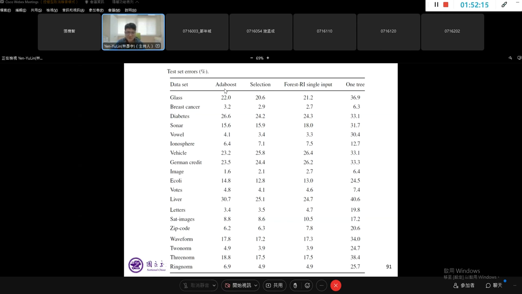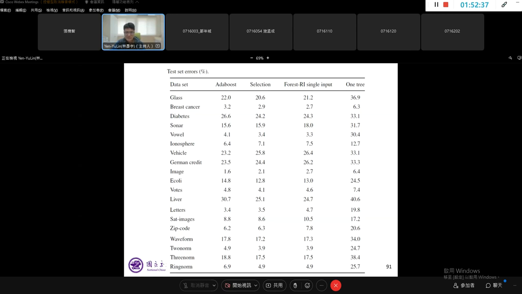Finally, we compare the performance of AdaBoost and the random forest. In this paper, random forest is slightly better than AdaBoost. So this is the experiment conducted by Leo Breiman.